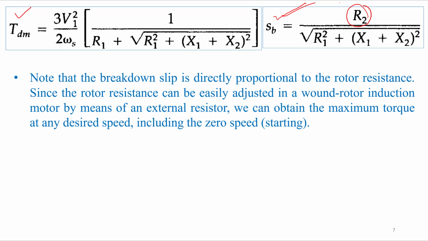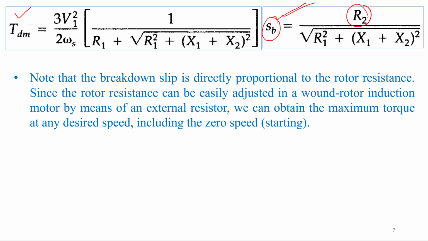It is not squirrel cage. So that is the wound rotor slip ring induction motor. It is sometimes called slip ring induction motor because two slip rings are there in order to insert external resistance into the circuit. So it is very easy to insert external resistances to adjust the slip where the maximum torque will occur. We can easily adjust it.